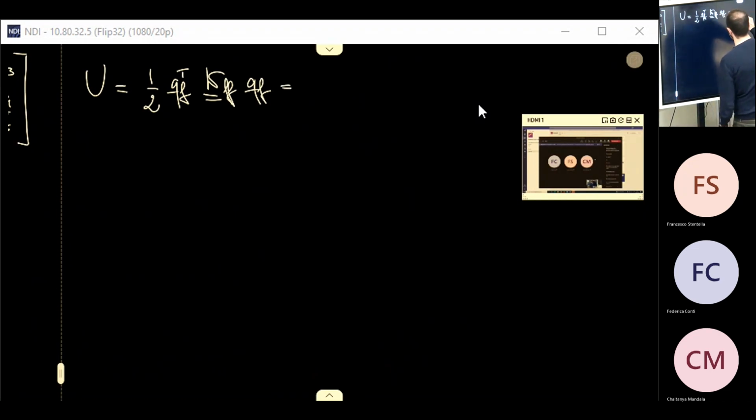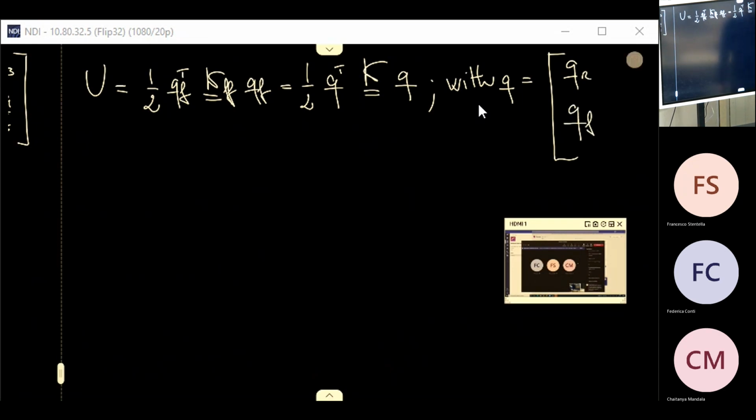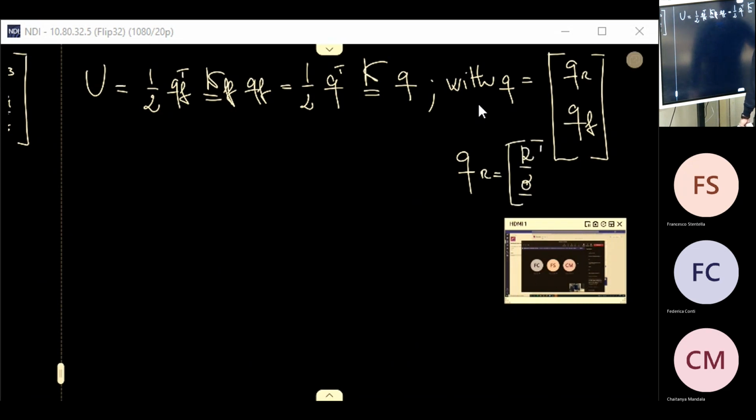But this is exactly as writing 1 over 2 Q transposed applied over K applied over Q, with Q being written as follows: QR, reference coordinates, basically dr, the position of the center of mass, or at least the position of the origin of the local frame, and the rotational coordinates, and then the elastic coordinates. So again, QR is like this.